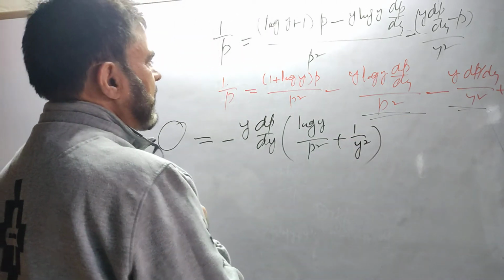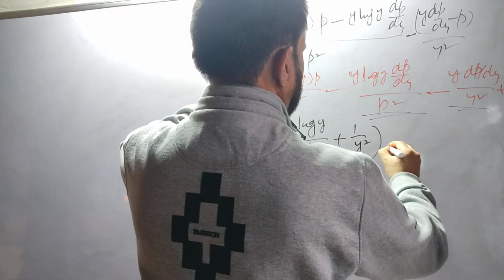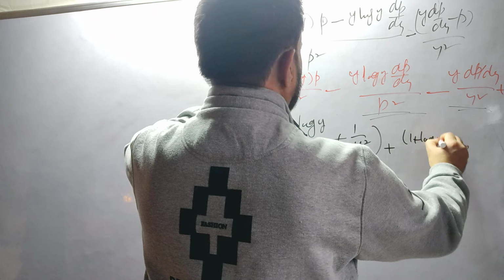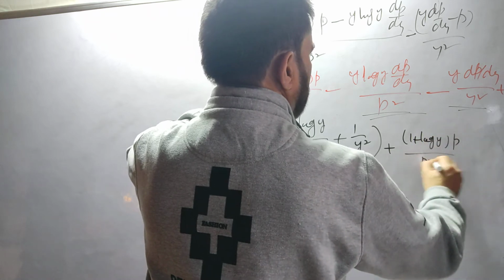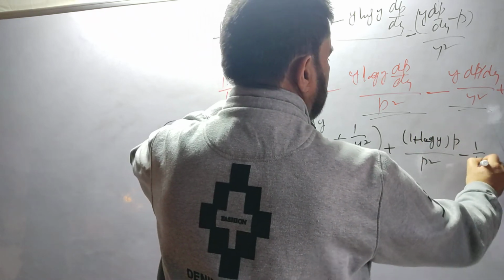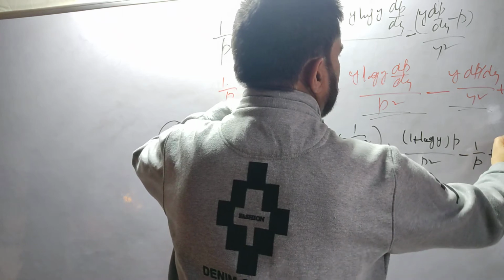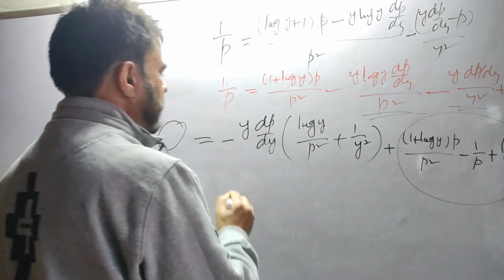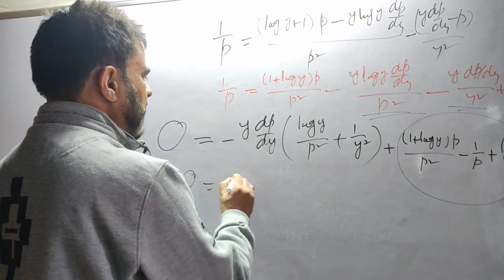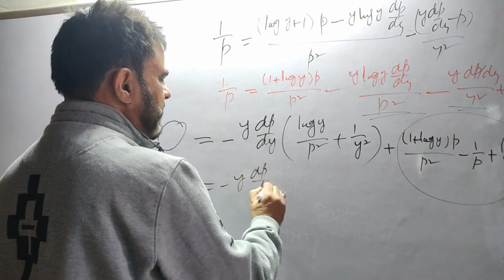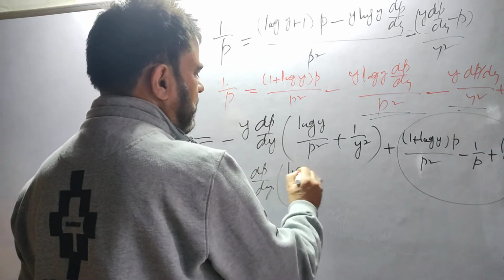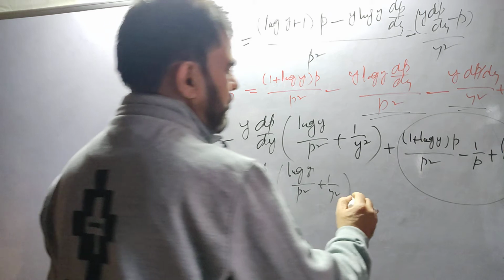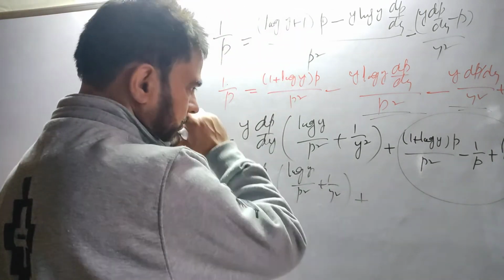It is this factor. Then you have plus 1 plus log y into p by p square minus 1 by p plus p by y square. You see what you can get from this. It is 0 is equal to minus y dp by dy, log of y by p square plus 1 by y square. You can take common here.